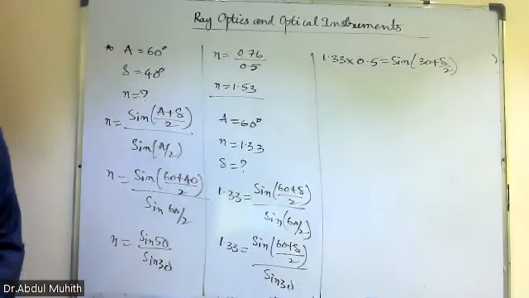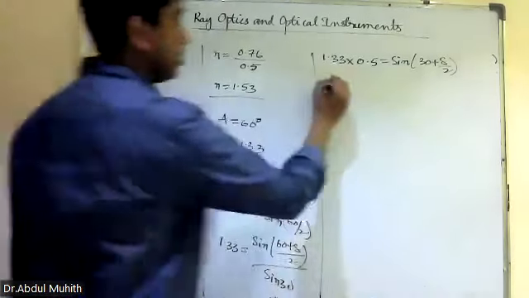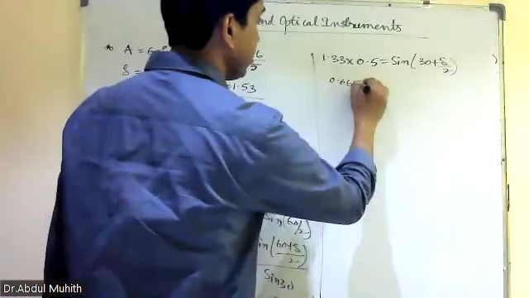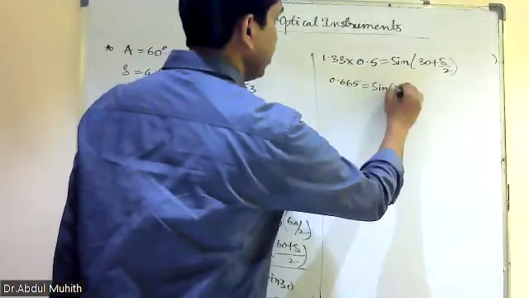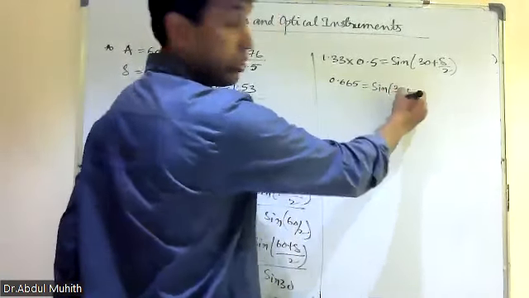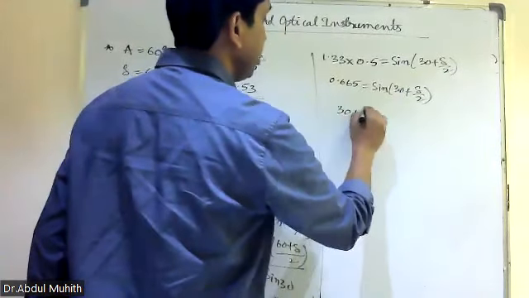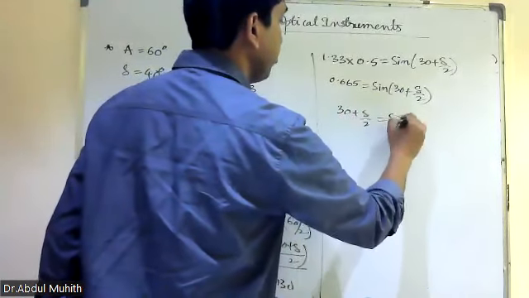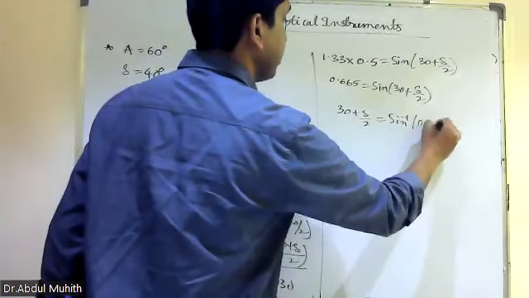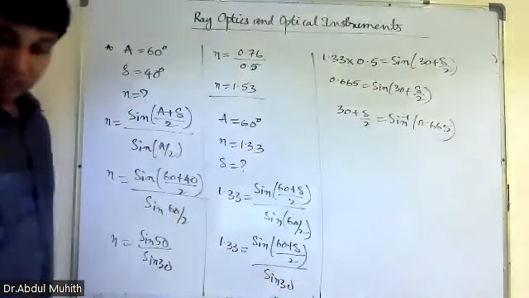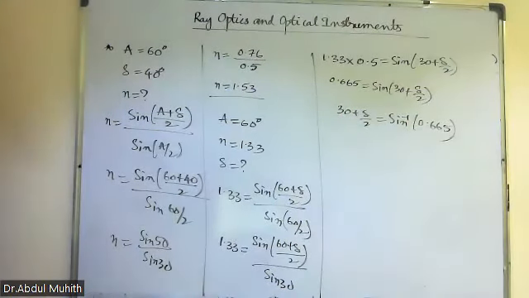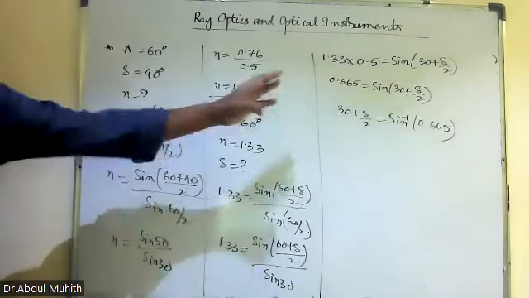That will be 0.665. 0.665 is equal to sine of (30 plus delta by 2). So 30 plus delta by 2 is equal to sine inverse of 0.665. We write shift sine inverse of 0.665. These values will not be like that in the examination.